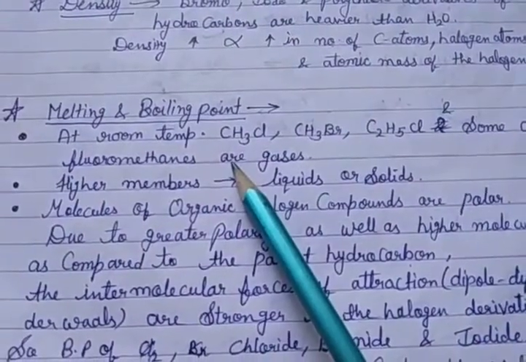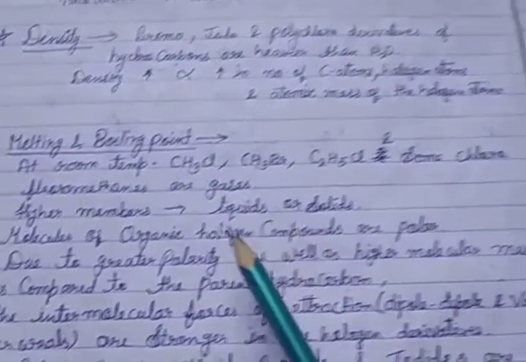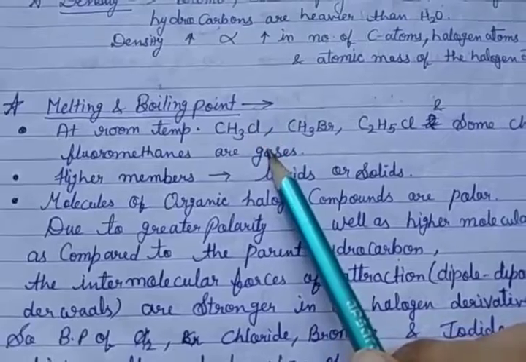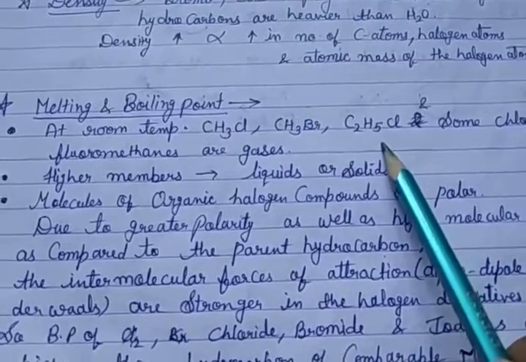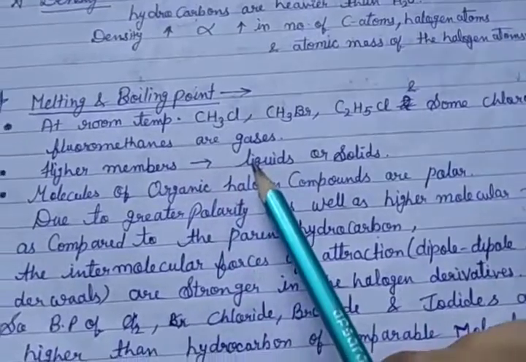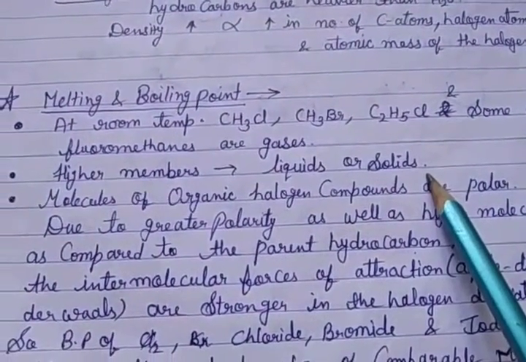At room temperature, CH3Cl, CH3Br, C2H5Cl and some chloro and fluoromethanes are gases. Higher members are liquids or solids.